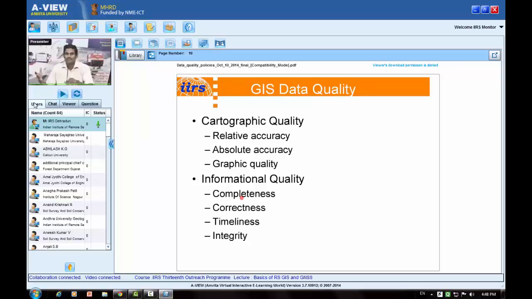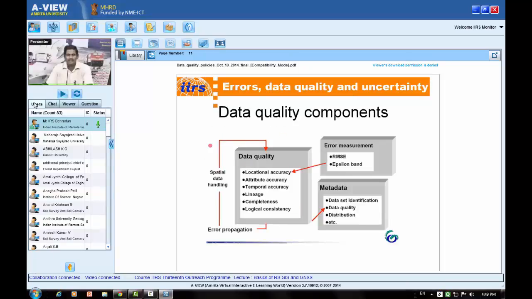And then correctness of the information: when you digitize, whether you have given the themes properly, instead of giving one polygon to another category. Or you have given nodes for connecting roads, and there is a railway line. Whether you connected roads with a railway line, it is a blunder. So these checks have to be made. All these things come under data quality parameters.